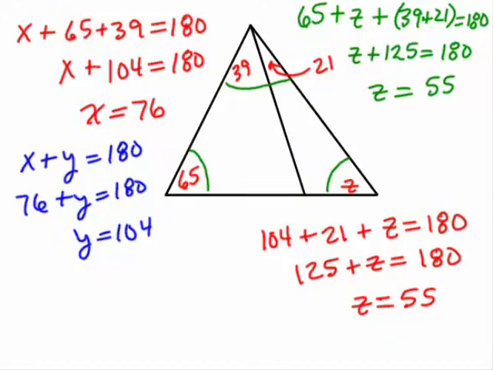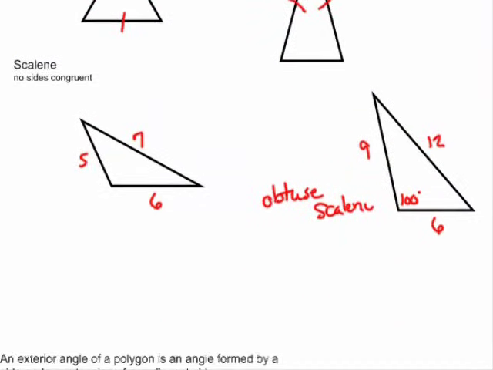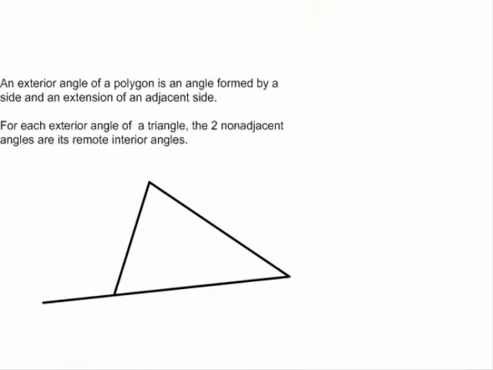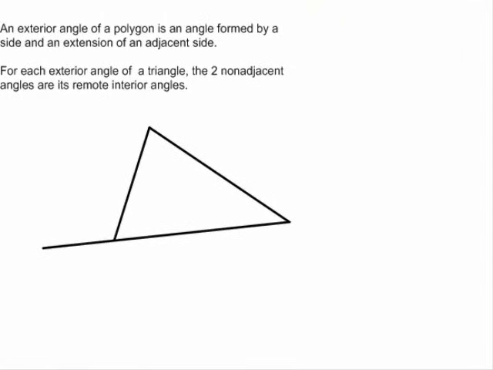Now let's change gears just for a moment. Let's talk about exterior angles for a triangle. An exterior angle of a polygon, we'll talk about polygons a little bit more, but we can think of it in our terms right now as a triangle. So an exterior angle of a triangle is an angle formed by a side and an extension of an adjacent side.